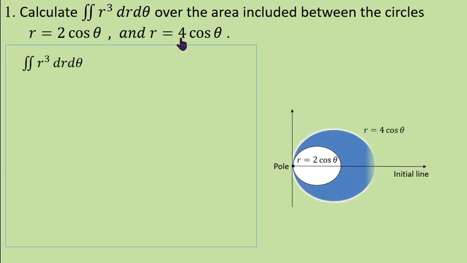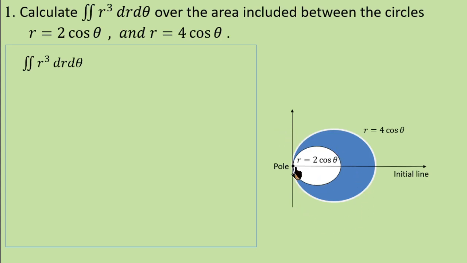The question is, evaluate the double integral over the area between these two circles. That means in this area. Therefore, when you are going to find the limits of theta and r, theta varies from minus pi by 2 to pi by 2.